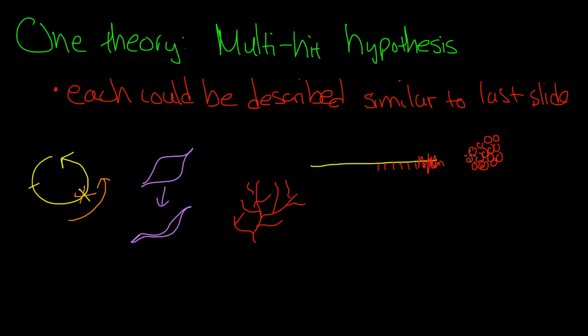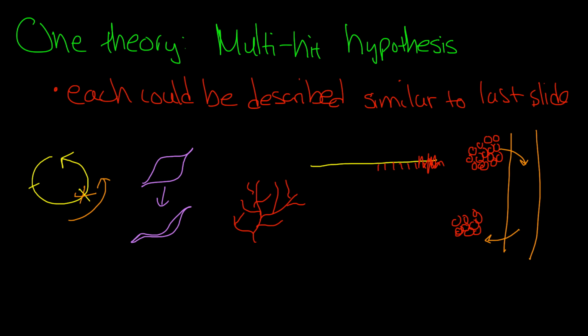And so they need to lose their adhesive regulation, which is going to involve some sort of genetic mutation. And then lastly, in order to be metastatic and then ultimately invasive, they have to figure out how to get into the bloodstream, and then equally importantly, how to get out so that they can grow in another location in the body. And that's how we get cancer.